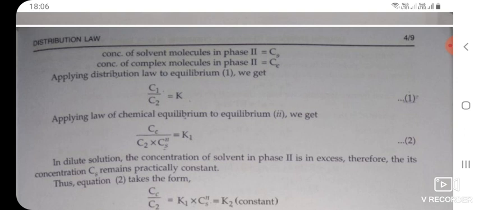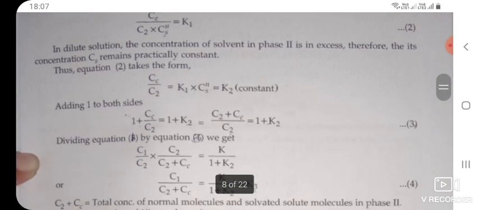In dilute solution, the concentration of solvent in phase 2 is in excess, therefore its concentration CS remains practically constant. Thus equation 2 takes the form CC upon C2 is equal to K1 into CS raised to the power n is equal to K2, a constant.